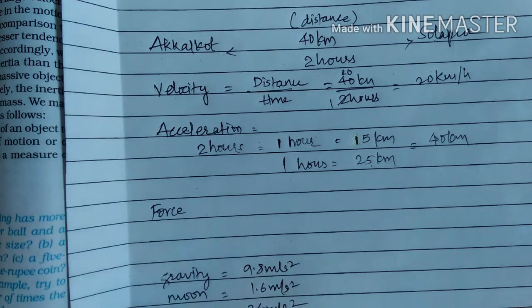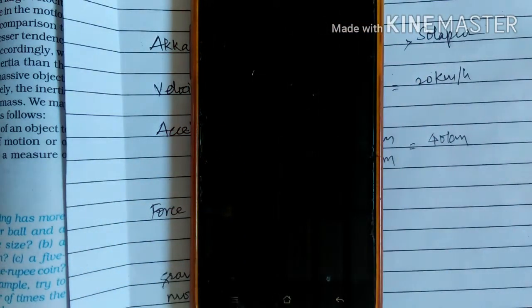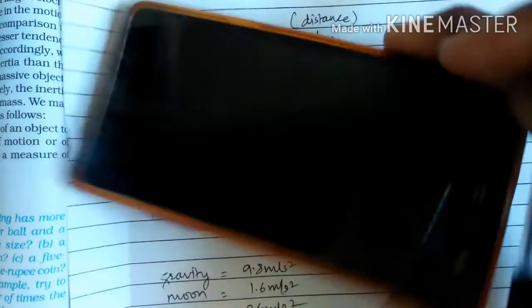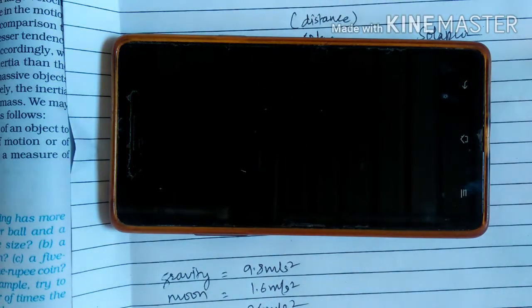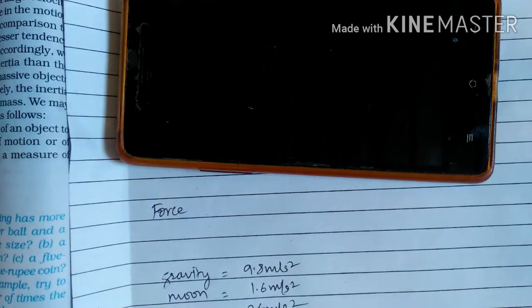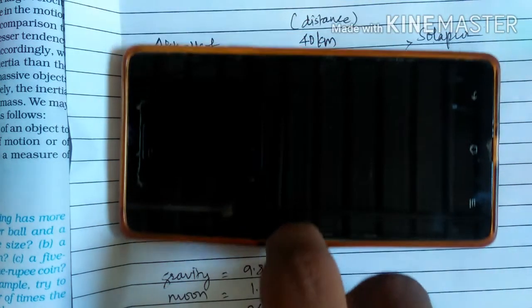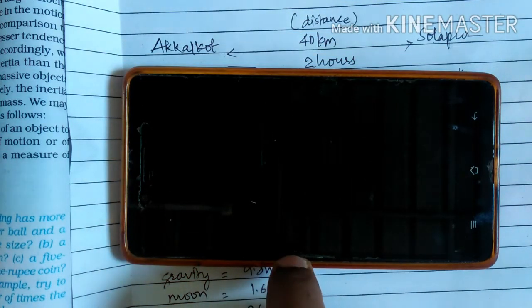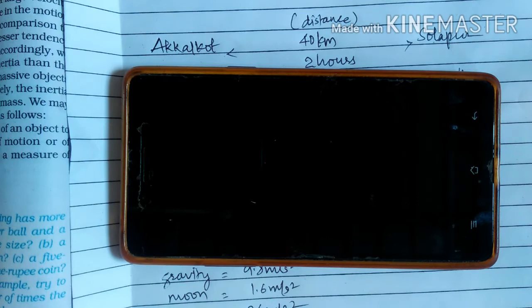And force. We have seen that suppose this is any mobile. If I push the mobile upside, the mobile goes upside because of force. Suppose I again pull the mobile, it goes downside.